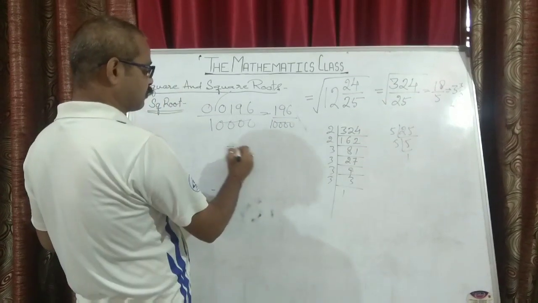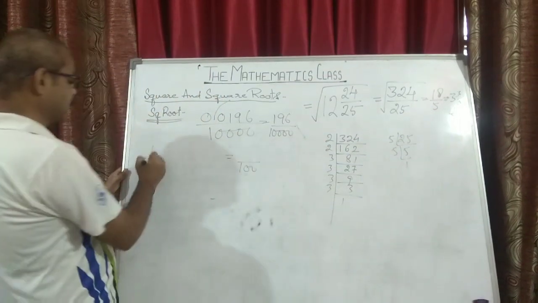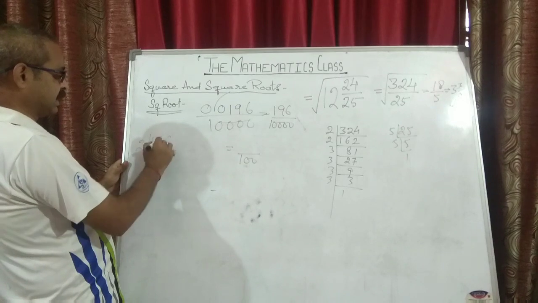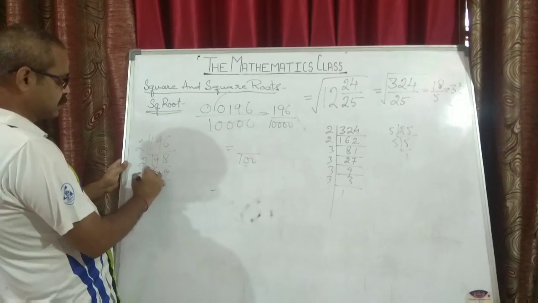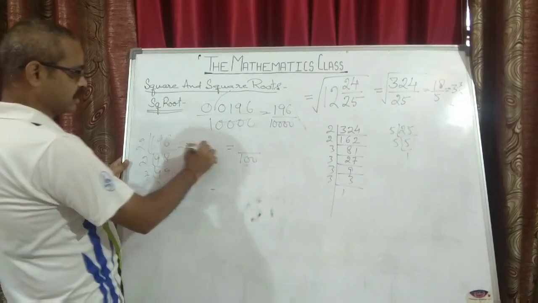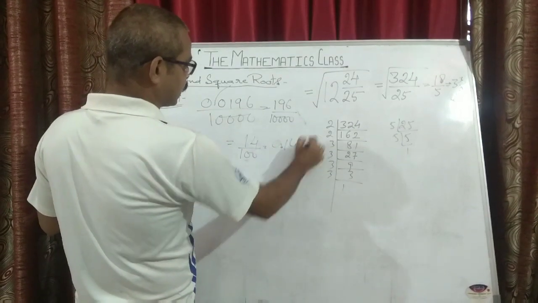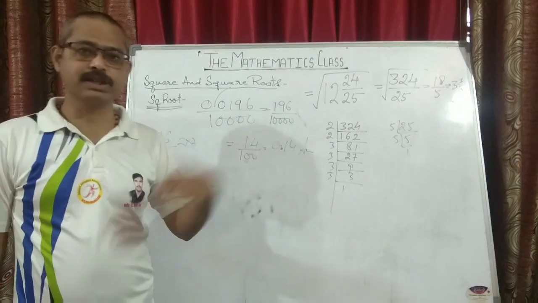You know that the square root of 10,000 is 100, and 196 you can find out. 196, that is 2 9s are 18, 2 8s are 16, 2 49s, 7 and 7. So it becomes 2 into 7, that is 14 upon 100 or 0.14. That is the final value. That is how we find the square root of a decimal.